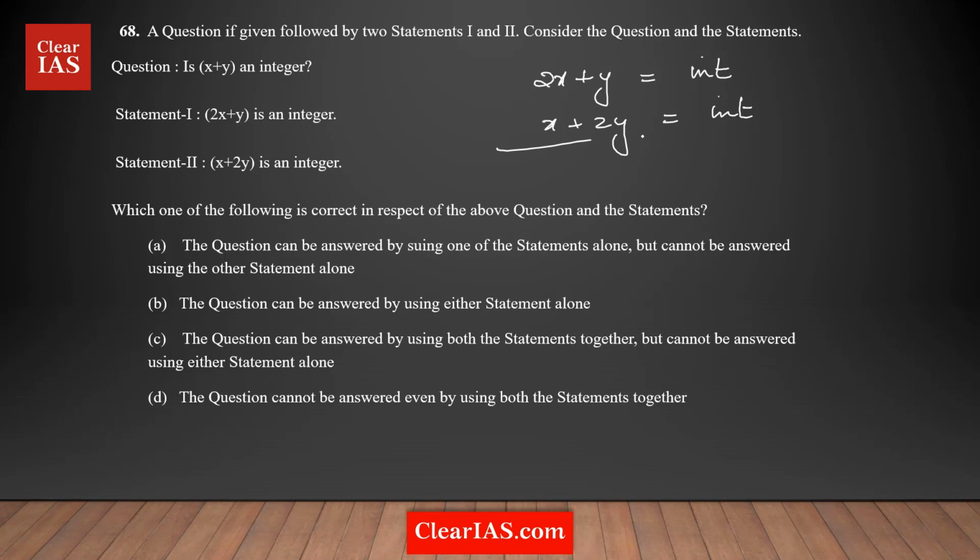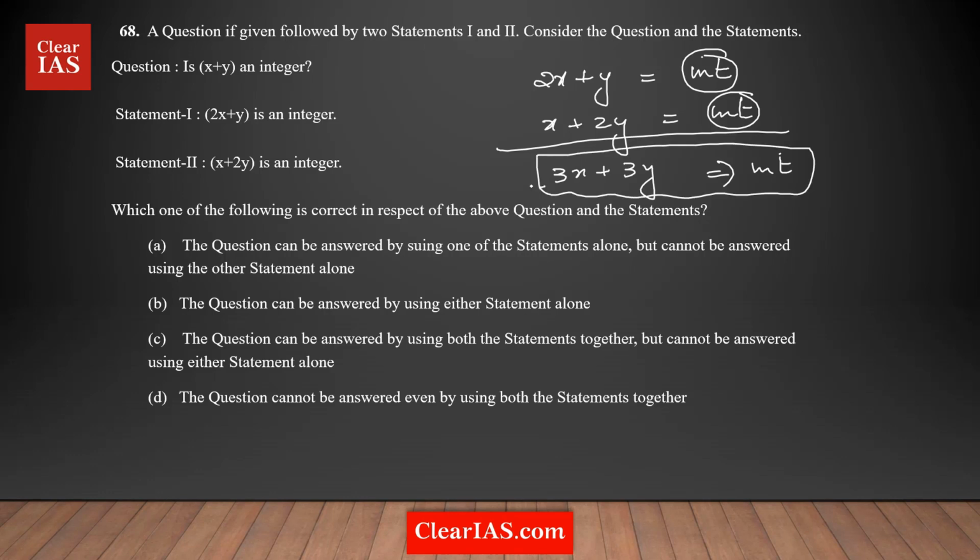If you're adding both of them, an integer plus an integer, the sum also should be an integer. So adding them, 3x plus 3y has to be an integer value. If you're combining both the statements, this condition should be true.